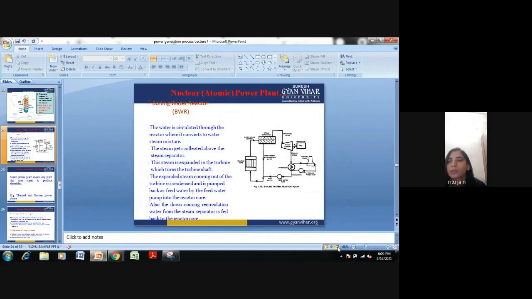So water is circulated through the reactor where it converts to a water-steam mixture, and the steam gets collected above the steam separator. This steam is expanded in the turbine, which turns the turbine shaft. The expanded steam coming out of the turbine is condensed and is pumped back as feed water.